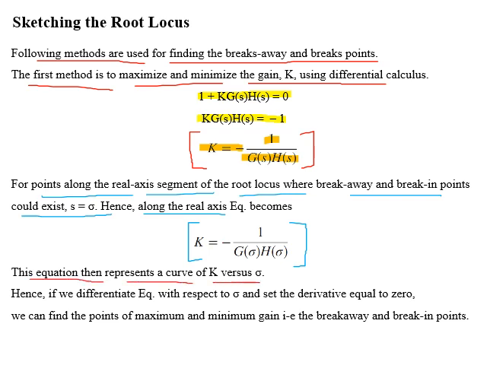This equation then represents the curve of gain versus sigma studied in previous slides. Now, if we differentiate the equation with respect to sigma and set the derivative equal to 0, we can find maxima and minima of gain k on the real axis. And those will be our breakaway or break-in points.